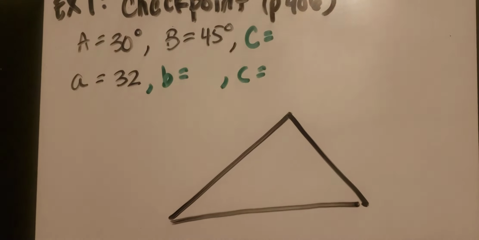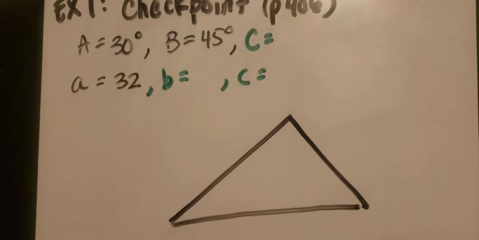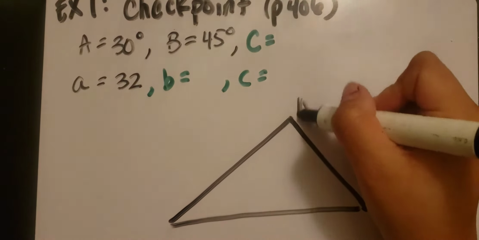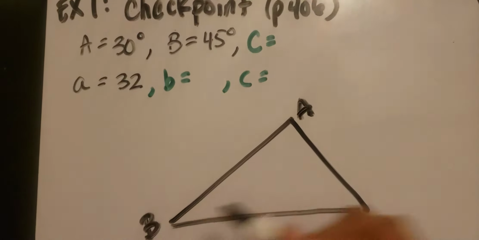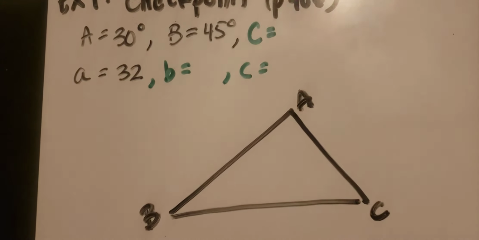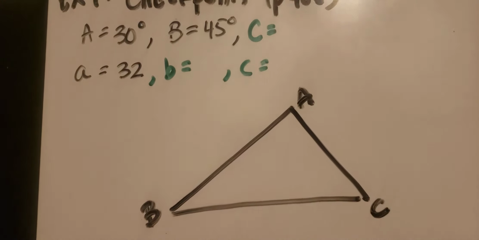One of the things you should know is the way you label your triangle doesn't really matter. So I'm going to draw it a little bit differently than in the book, starting with A here, B here, and C here. I'm doing this on purpose so that you can see that when they give you information but no drawing, you can come up with your own drawing.